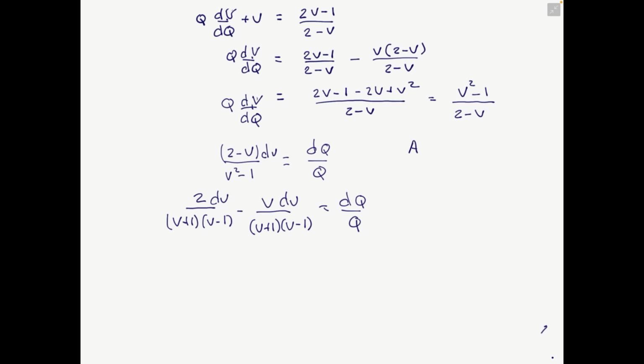And we got A times (v minus 1) plus B times (v plus 1) equals 1. And we go through the whole business solving for A and B. So if v is 1, we got 2B equals 1, B equals 1/2.